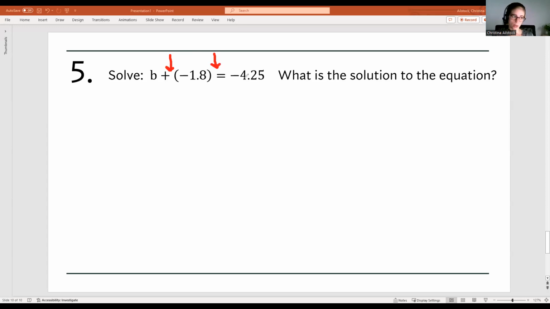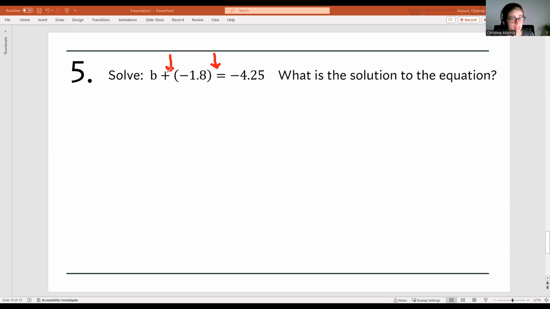I don't have a number or a variable right next to the parentheses, which would also mean multiplication. So all it's really doing in this case is telling us that that 1 8/10 is a negative number.